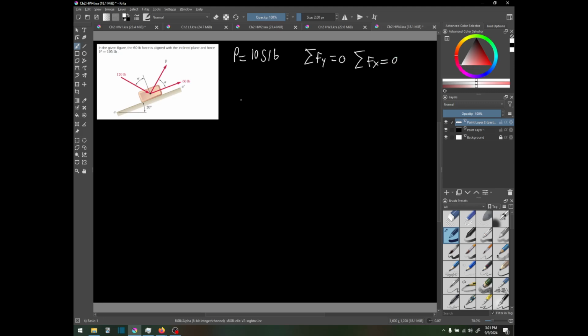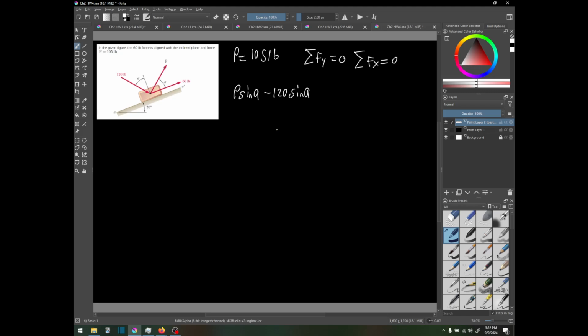So for the y direction, P sine A minus 120 sine A. I believe that's it, because this isn't acting in the y direction at all.